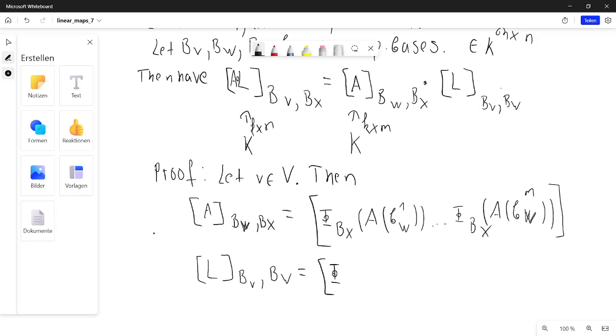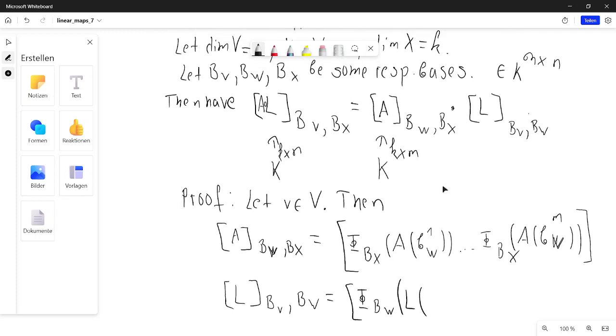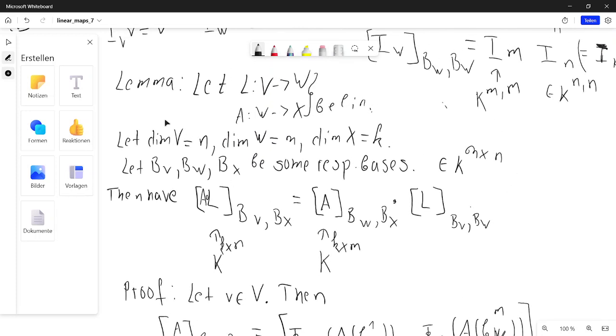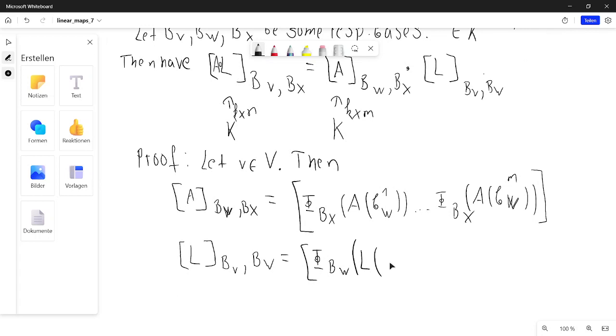Everywhere we go into BW, so we have to consider coordinates in there, and here we have the mapping by L. We have started in BV, and we go from 1 to N. And then we obtain, of course, this matrix here.